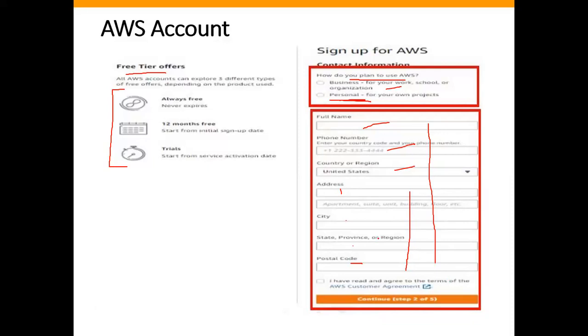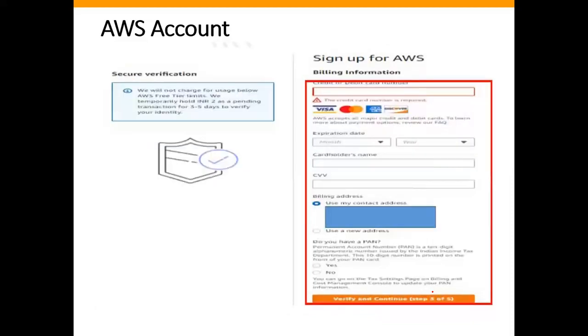Now, once you enter your personal details, you need to click on continue. So we are going to complete our step 2. Next thing is you need to enter your card details. You can use a credit card or a debit card.